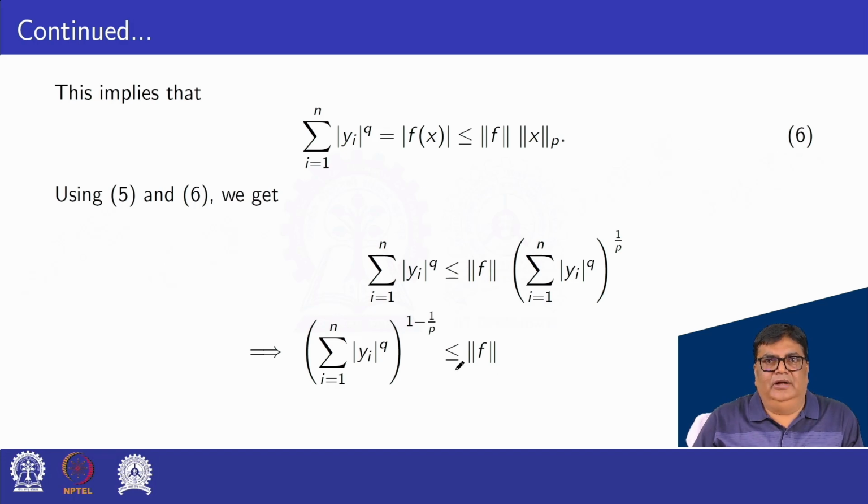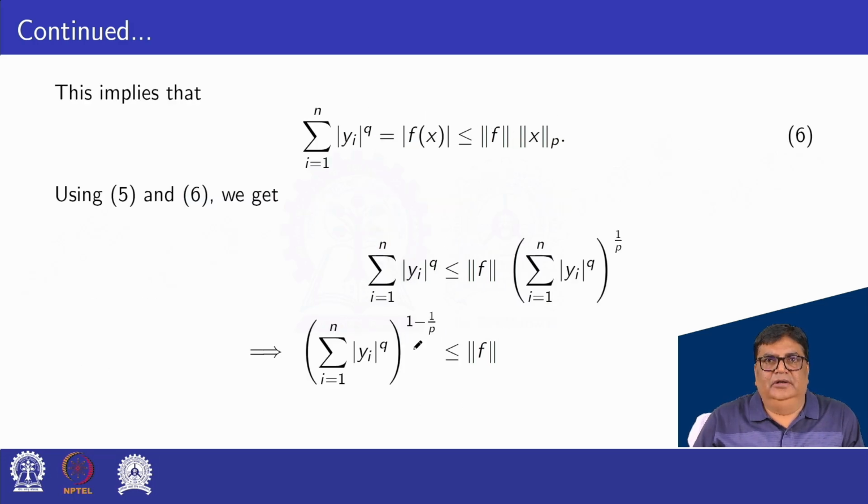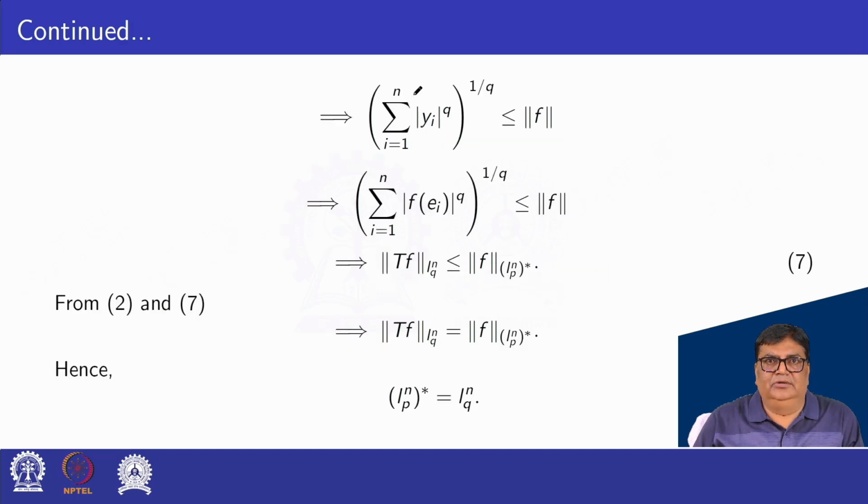Okay, again, 1 upon p plus 1 upon q is equal to 1. So 1 minus 1 upon p is 1 upon q. So this implies that summation i equals 1 to n mod yi power q whole power 1 by q less or equal to norm f.